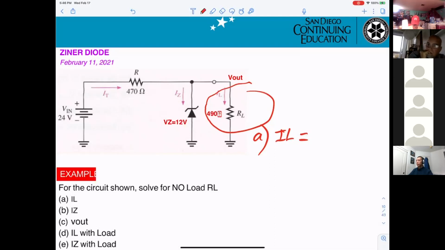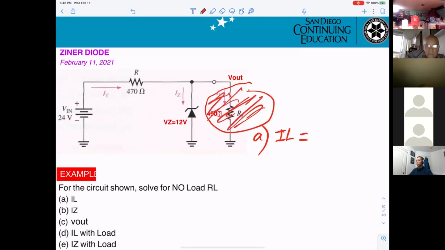It's going to be 12 volts divided by 490 ohms, the load current. No, I said no load. That means I don't have this one here. Oh, you said no load. I thought you said load.